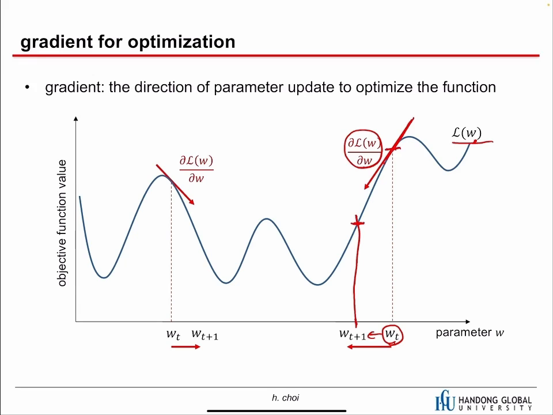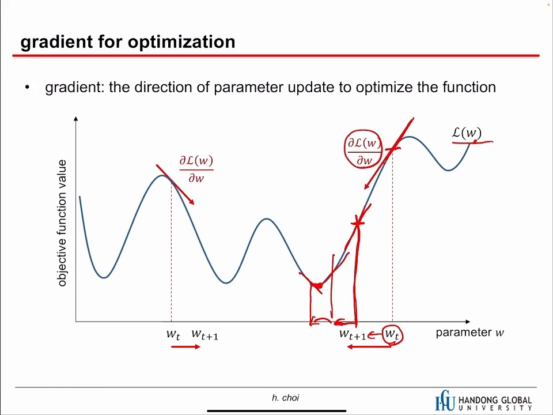It's better. And then now we are here and we take a derivative one more time. This one is positive and we have to move toward the left side. And now we take a derivative one more time, positive, and we move. And now when we take a derivative, oh, this one is negative, then we have to move to the right side and it converges around here.